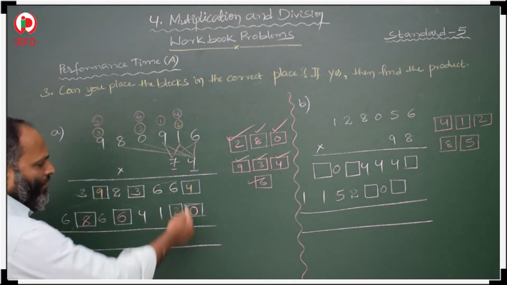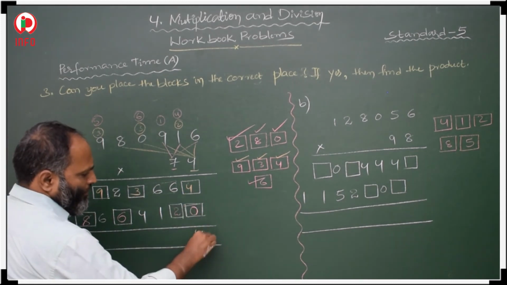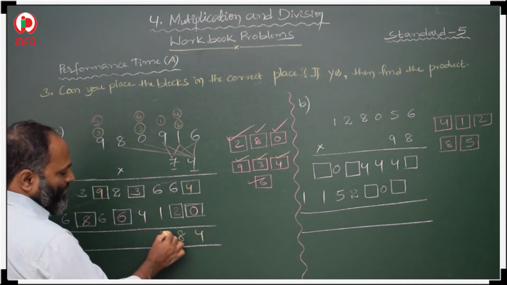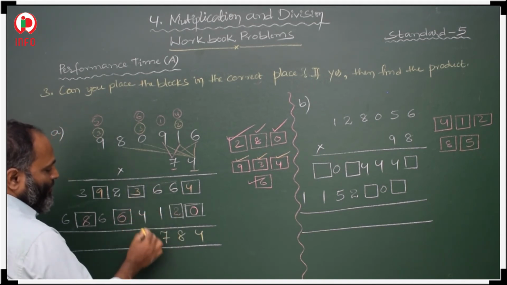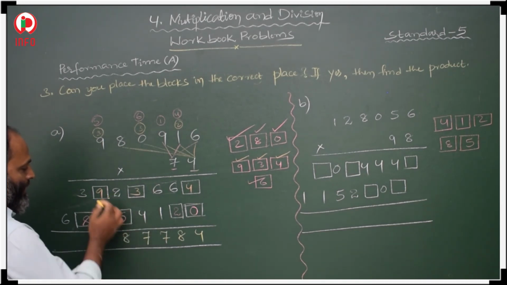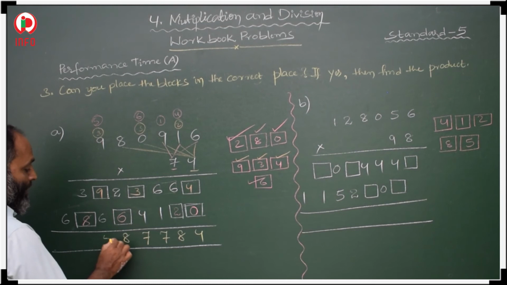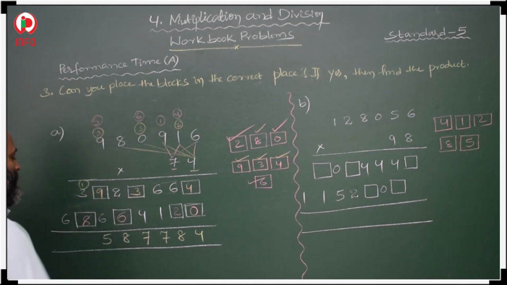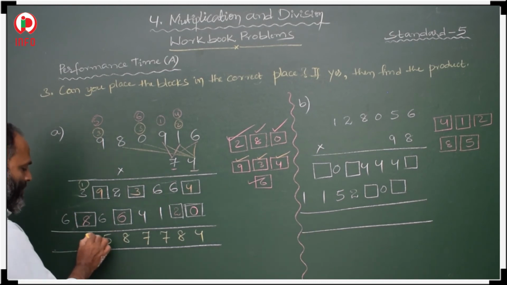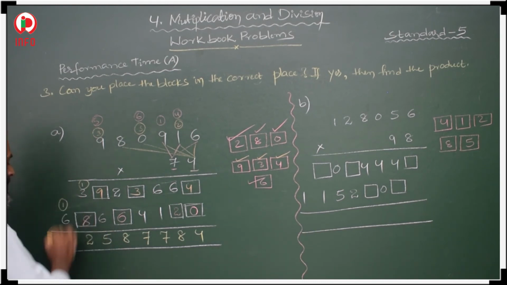Now we have to add. 4 plus 0, 4. 6 plus 2, 8. 6 plus 1, 7. 3 plus 4, 7. 6 plus 2, 8. 9 plus 6, 15, 5 here and 1 over here. 8 plus 3, 11. 11 plus 1, 12, 2 here and over here 1. 6 plus 1, 7.